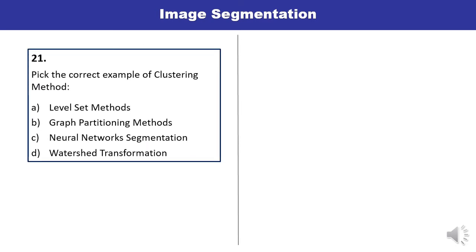Question number 21 is, pick the correct example of clustering method. Level set methods, graph partitioning methods, neural network, or watershed transformations. So the correct example of clustering method is level set. Correct answer.